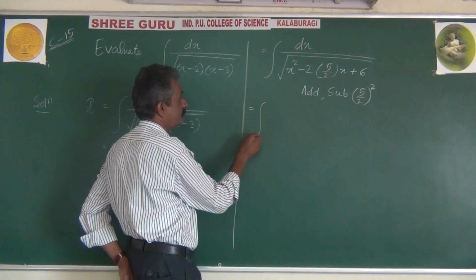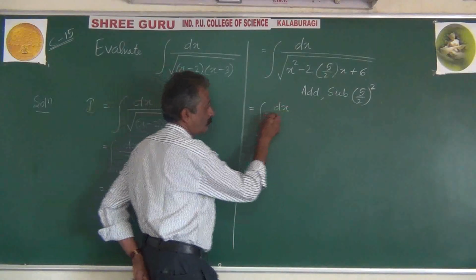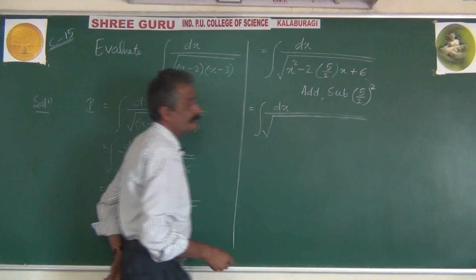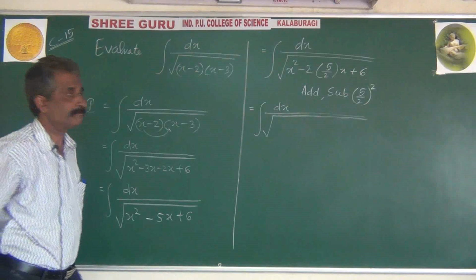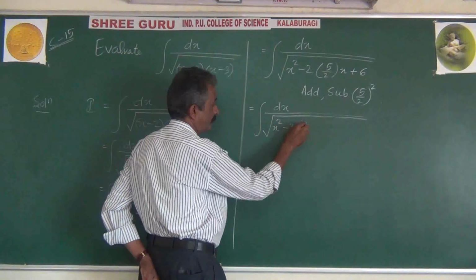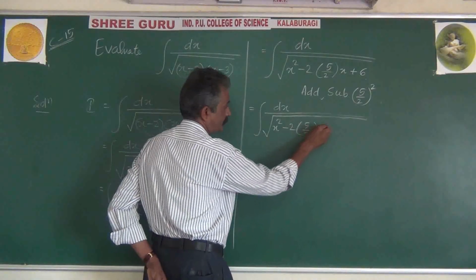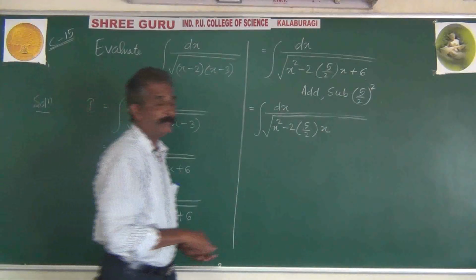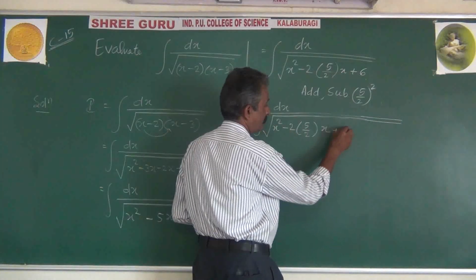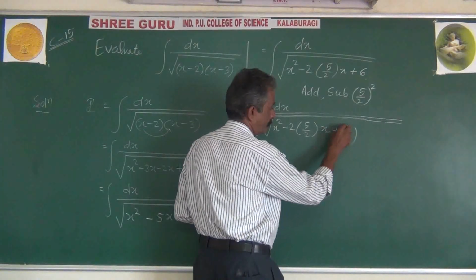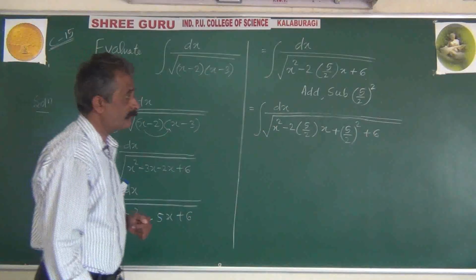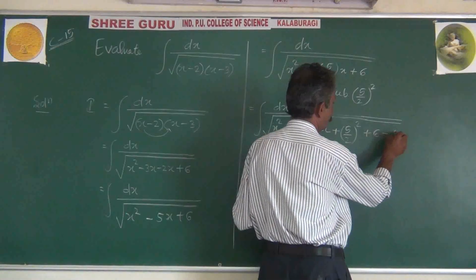That is equal to the integration of dx divided by the square root of x square minus 2 into 5 by 2 into x plus we add (5 by 2) square, and we subtract the same number, (5 by 2) square. There is already plus 6, and now write the balancing number with minus (5 by 2) square.